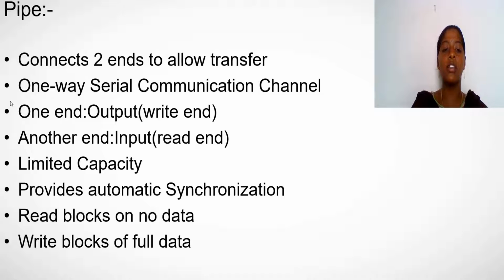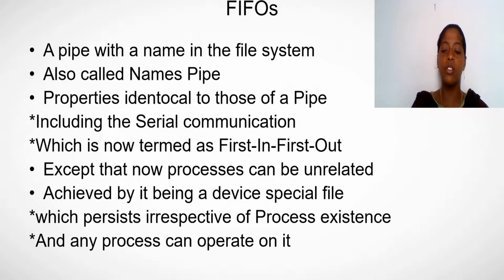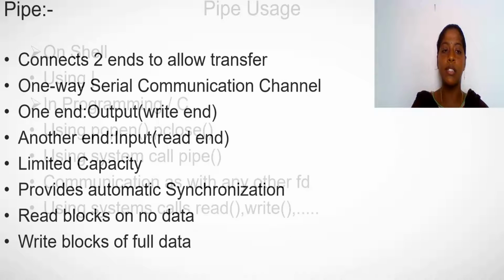The other end is the input, also called the read end. A pipe has only limited capacity. Pipe provides automatic synchronization: a read blocks when there is no data, and a write blocks when the pipe is full of data. This is a pipe.